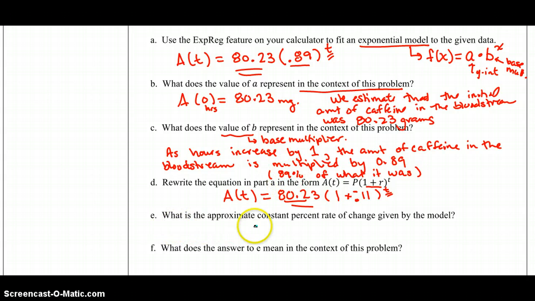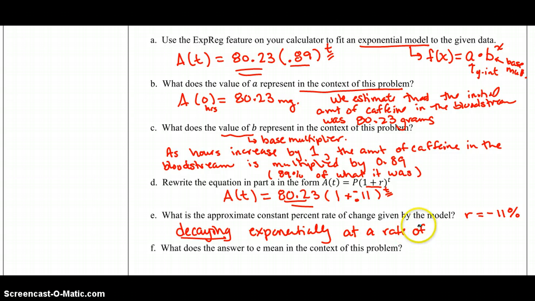So what is the approximate constant percent rate of change given by this model? That rate of change, R, is negative 11%, which means that since it came out negative, we're decaying exponentially at a rate of 11% per hour. So every hour, 11% of the caffeine that was in our system decays away.